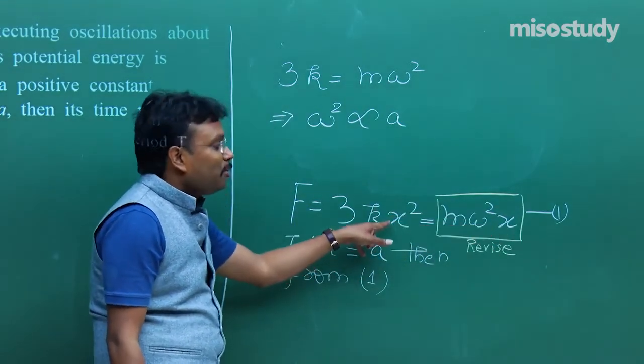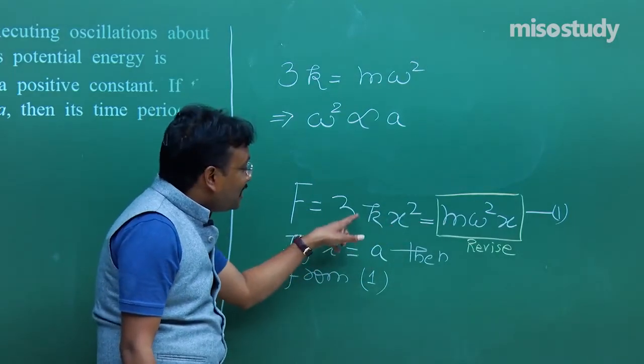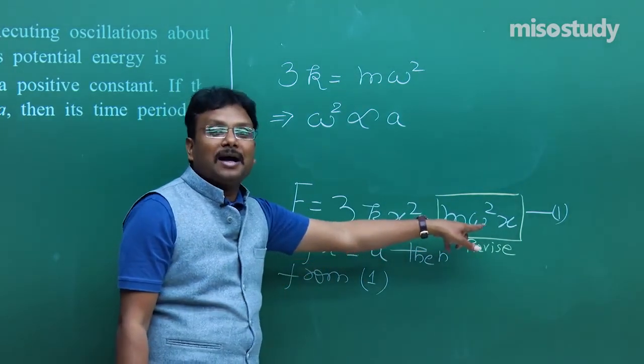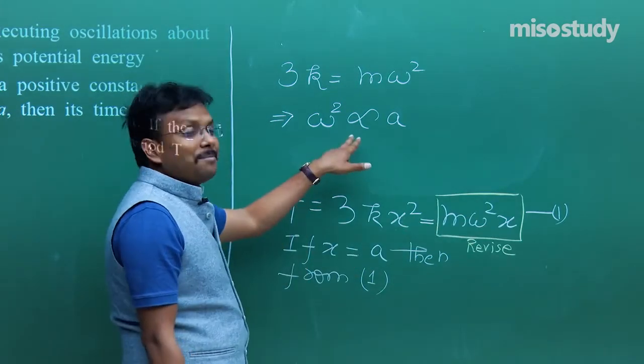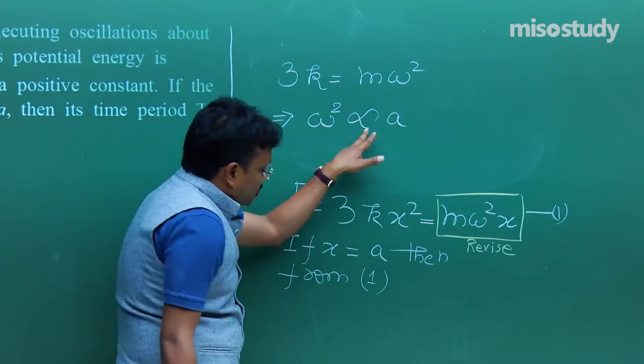So here you have to put the value of a, you will get 3ka is equal to m omega square. That step I escaped, and then I am saying omega square is directly proportional to a.